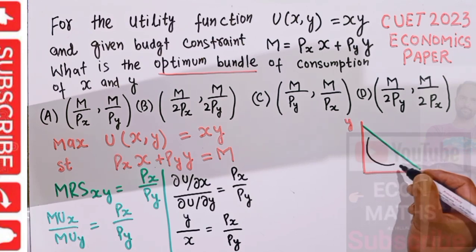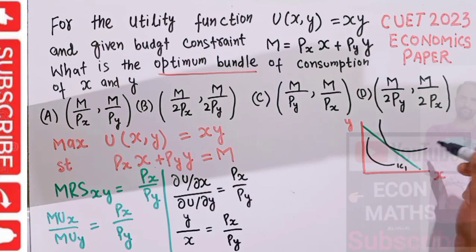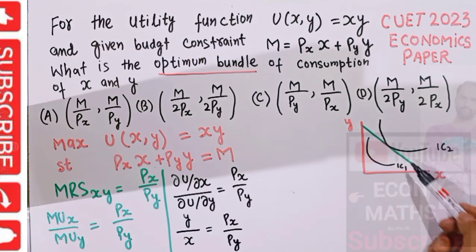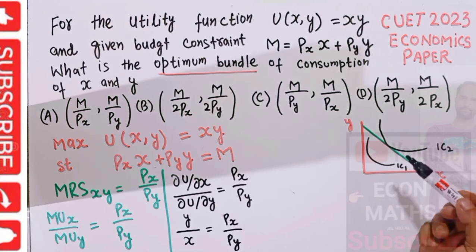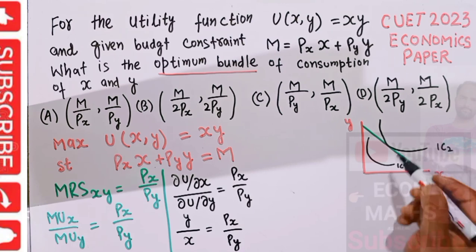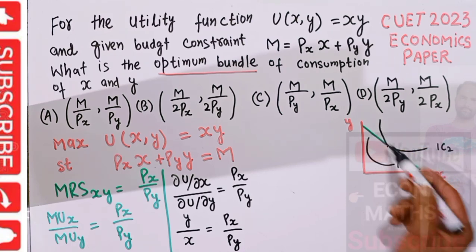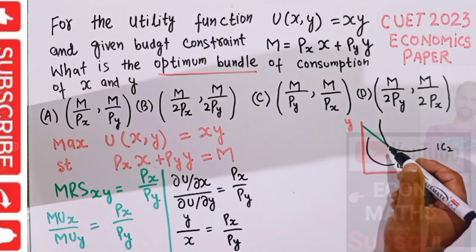Let us say this is IC1. Similarly, we have IC2. So with the given budget, the consumer wants to reach the highest possible indifference curve, and the optimal bundle will lie at a point where the indifference curve and budget line are tangent to each other.